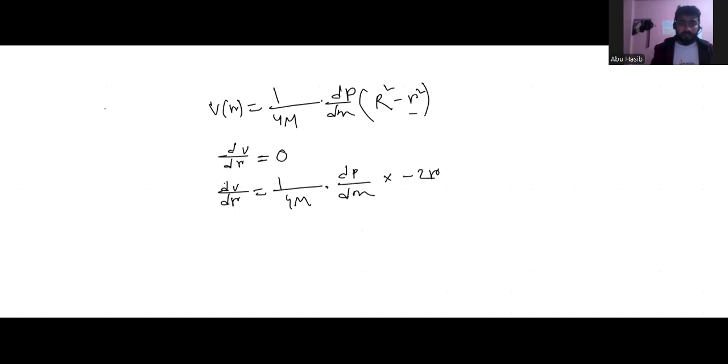If I compare this equation with this equation, we will get that minus 2r is equal to 0 and r is equal to 0.